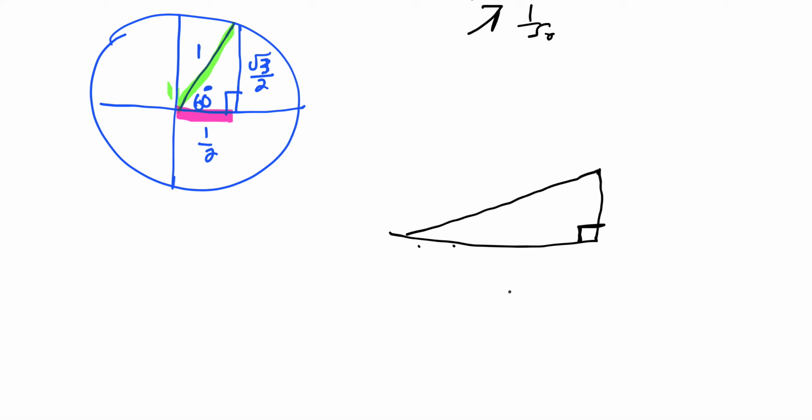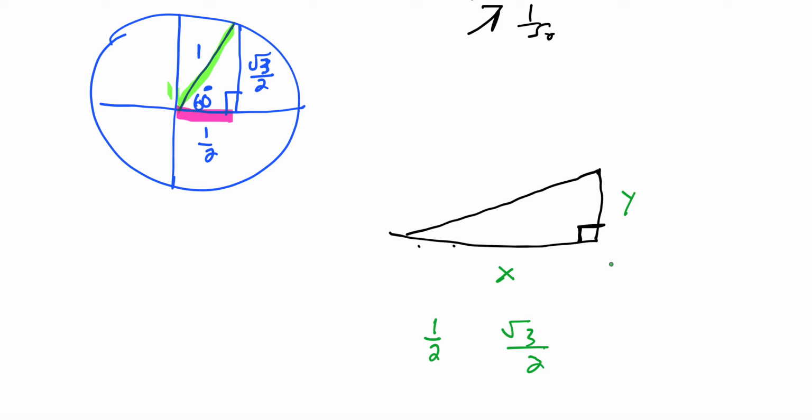One of these sides, I'll call it X or Y, has a length of 1/2, and the other one has a length of root 3 over 2. Well, which is which? This is a 30, 60, 90. It doesn't really matter, because I'm telling you one of them is 1/2 and the other one is root 3 over 2. 1/2 is the Y.